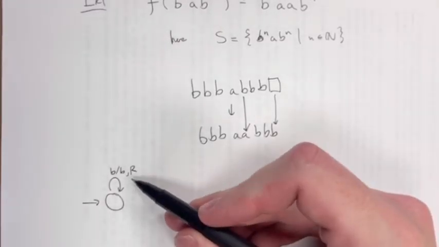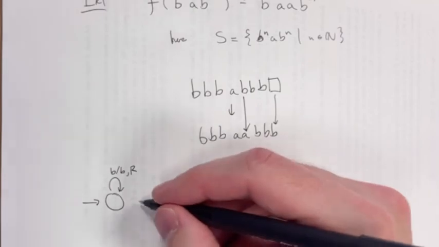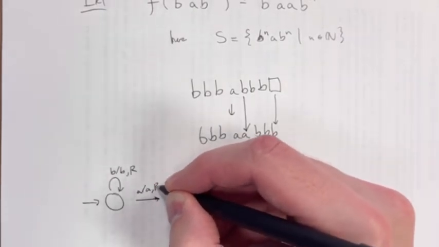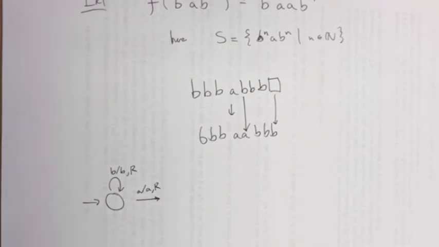Okay, so I move to the right through a bunch of B's. When I encounter an A, I should keep it the same and move to the right again. That's because the first A you see, you want to leave it as an A. Okay? Anyone say from this state, what do I want? Another loopy edge or an edge that goes to yet another state?